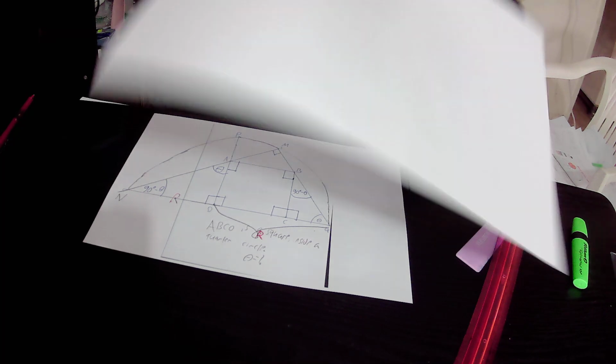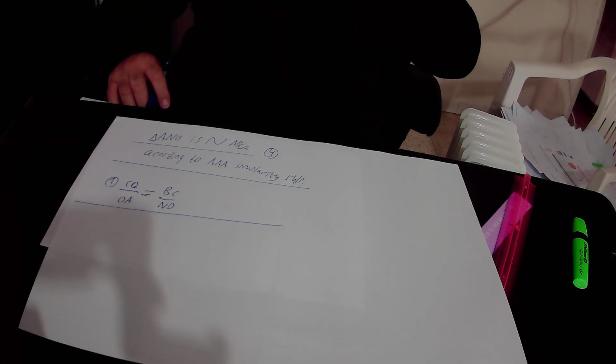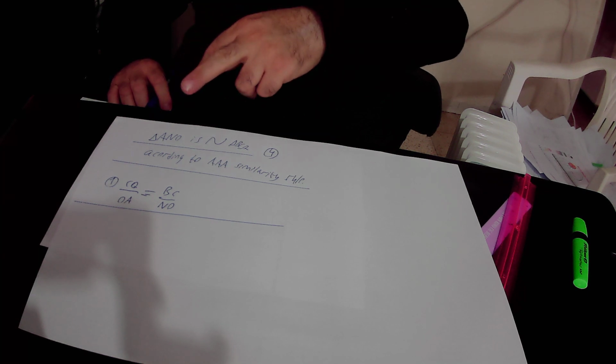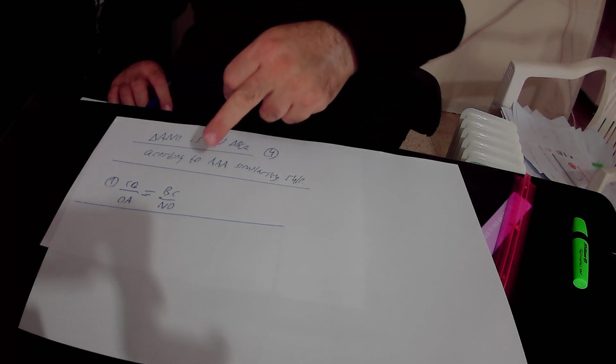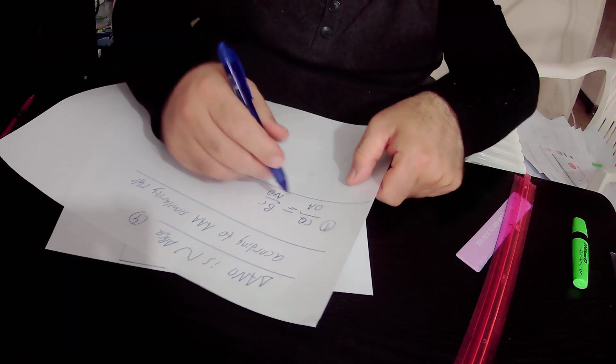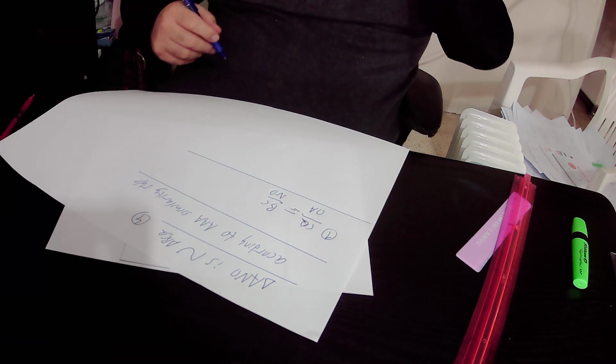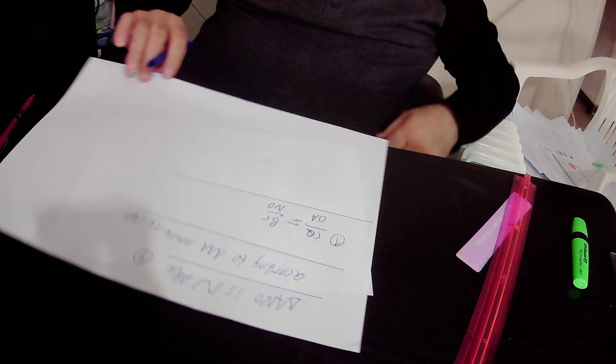From the fact that triangle ANO is similar to triangle BCQ, we conclude that CQ over OA equals BC over NO.